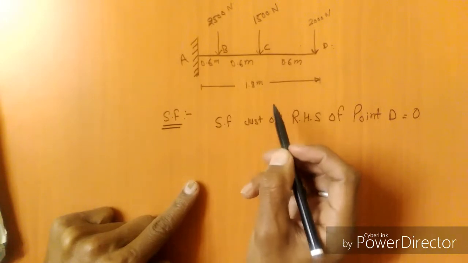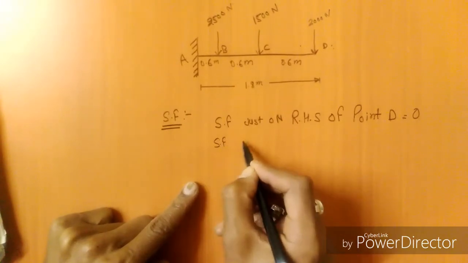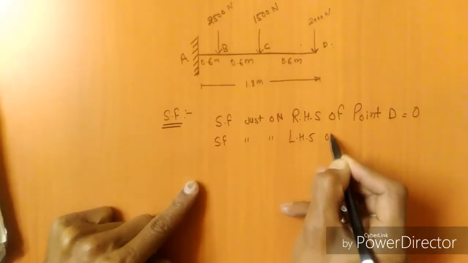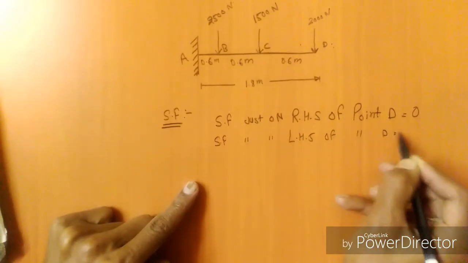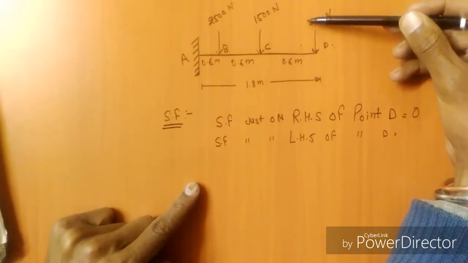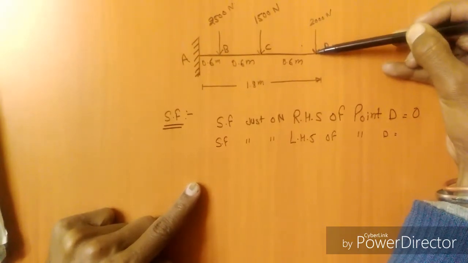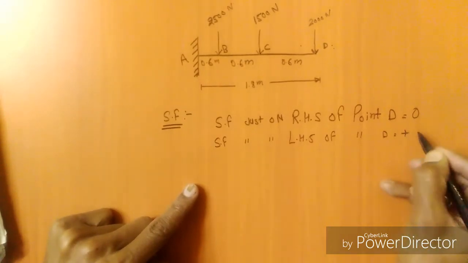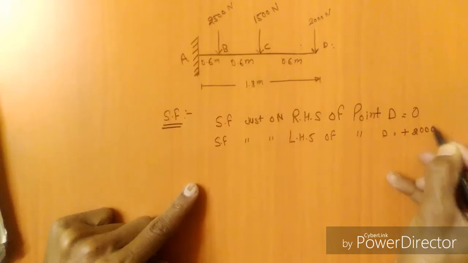And shear force just on the left hand side of point D: this 2000 Newton load acts on point D, so the shear force on the left hand side is 2000 Newton.